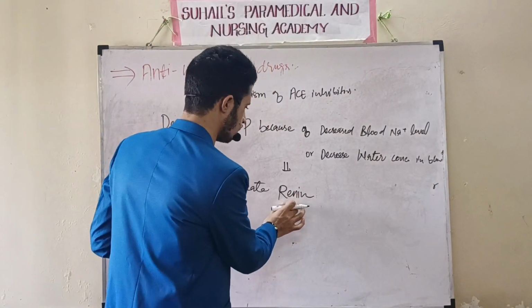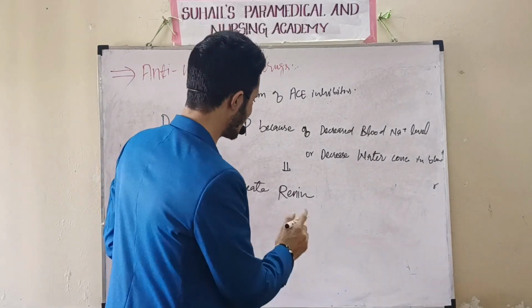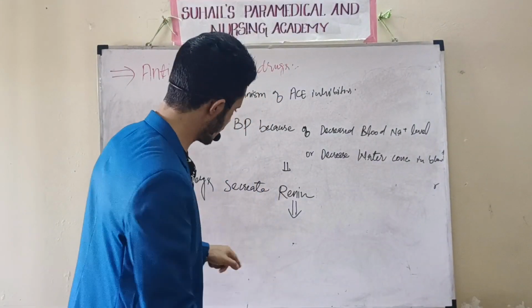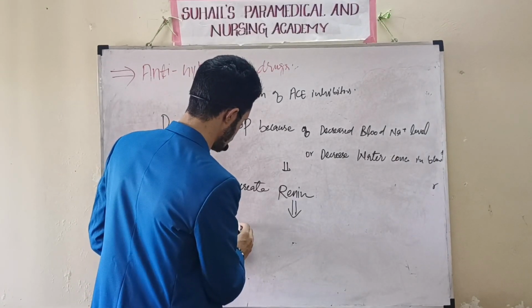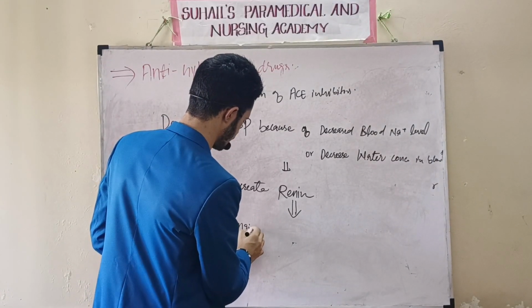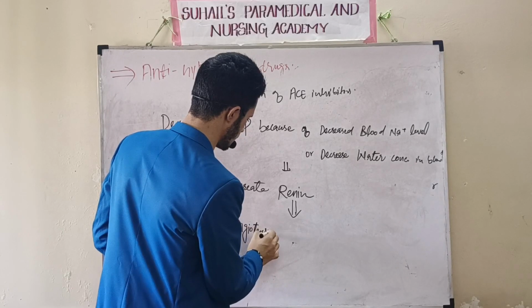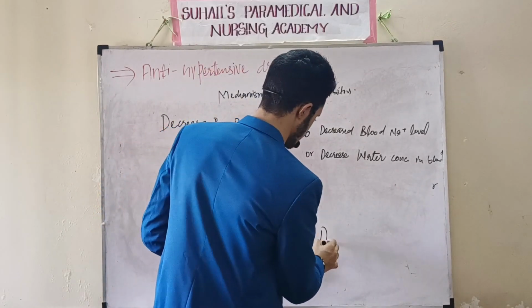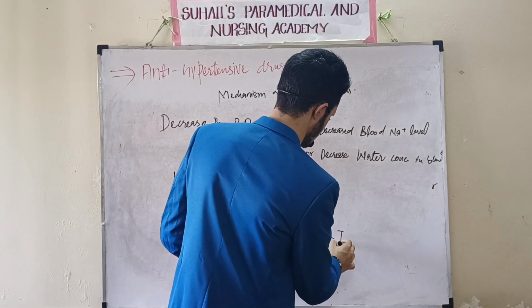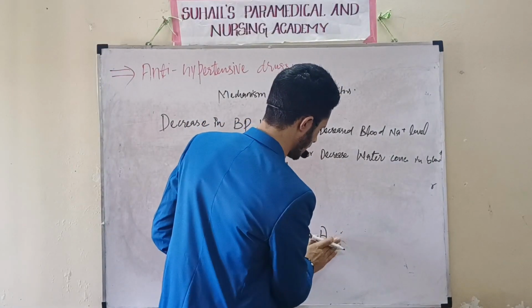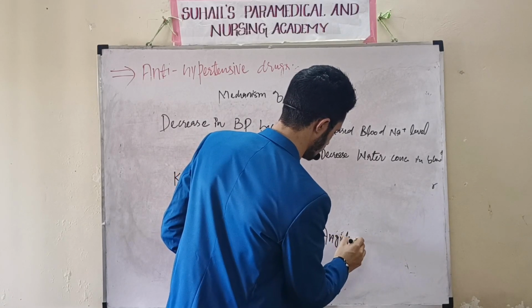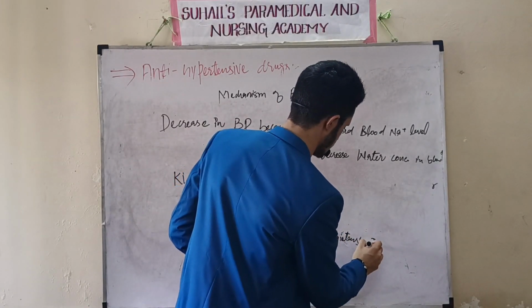Renin has a role in the conversion of angiotensinogen into angiotensin first.